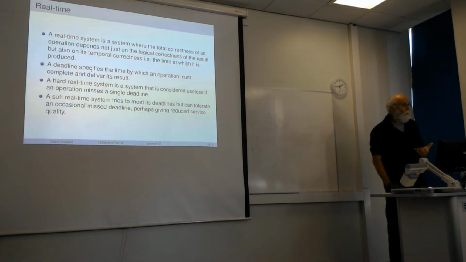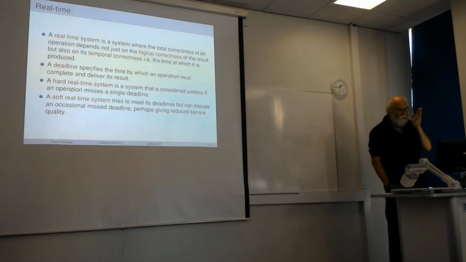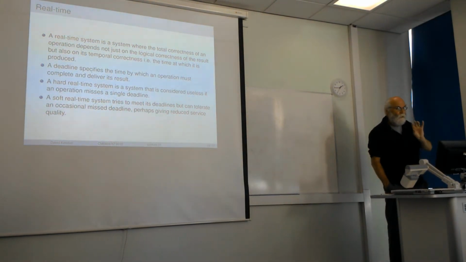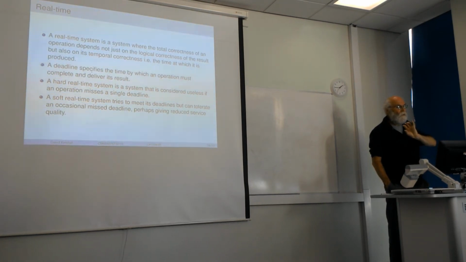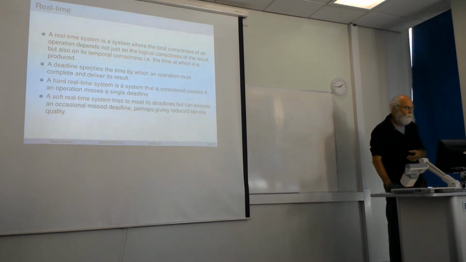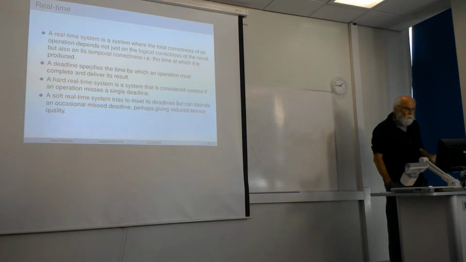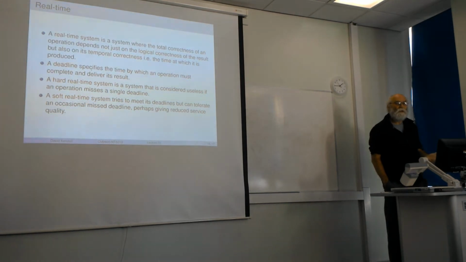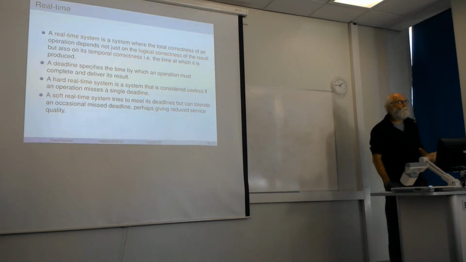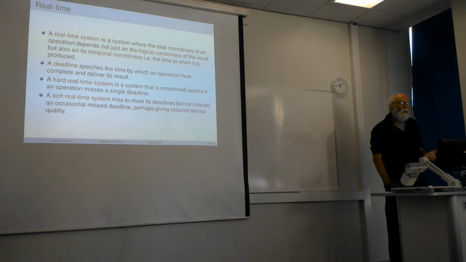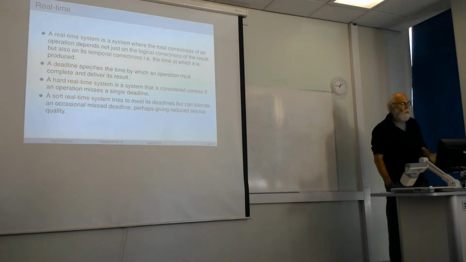So we'd regard that as a hard real-time system. If there's even one deadline which isn't met, and that renders your system useless or means that it has a negative impact on the world, then that's a hard real-time system. On the other hand, it might be that you've got some deadlines that you would like to meet, but maybe it doesn't matter if you miss one, or even a few. As long as you don't miss too many, then the overall functioning of the system is still positive.